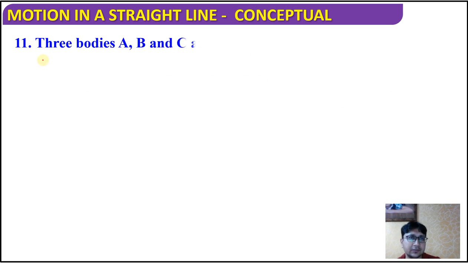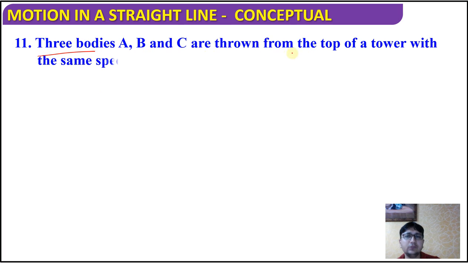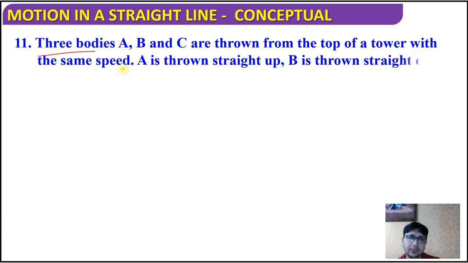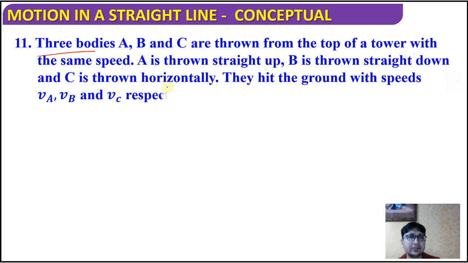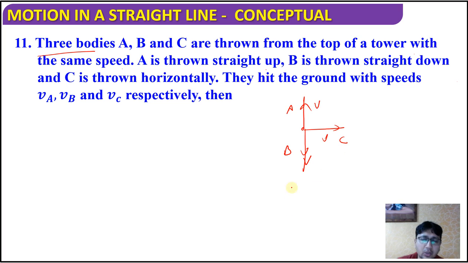There are two questions like this. Three bodies A, B, C are thrown from the top of a tower at the same speed. A is thrown straight up, B is thrown straight down, and C is thrown horizontally. All are having the same velocity. So what will happen? Let's see. When they hit the ground, the relation we had already studied.